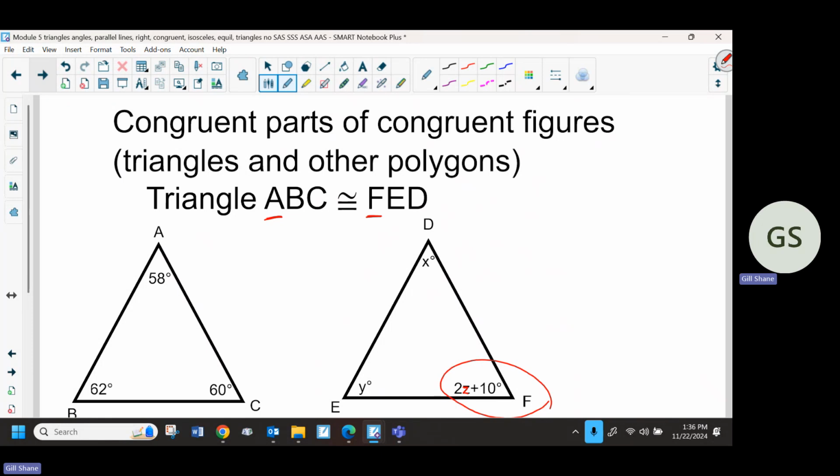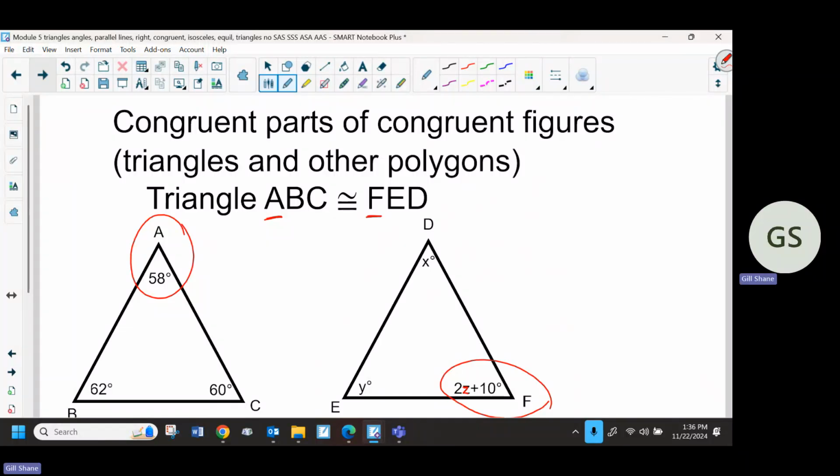And then you just solve out for Z. And then remember, again, in triangles, once you solve for a variable, make sure you read the question because a lot of times they're going to ask you for the angle, not just the variable. Try to guess before I write it up. Just want me to write it.